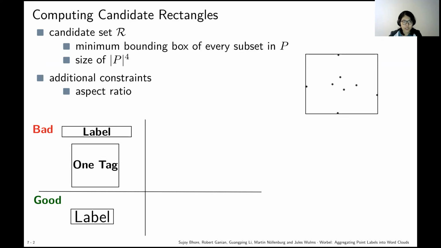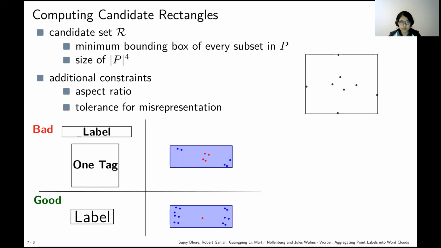And furthermore, we consider additional constraints. For example, aspect ratio. We want to use the computed rectangle as the bounding box of the label text, so its width-height ratio should be similar to the shape of its corresponding text.